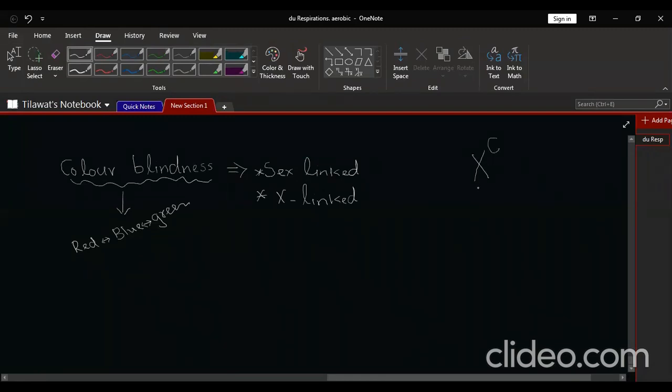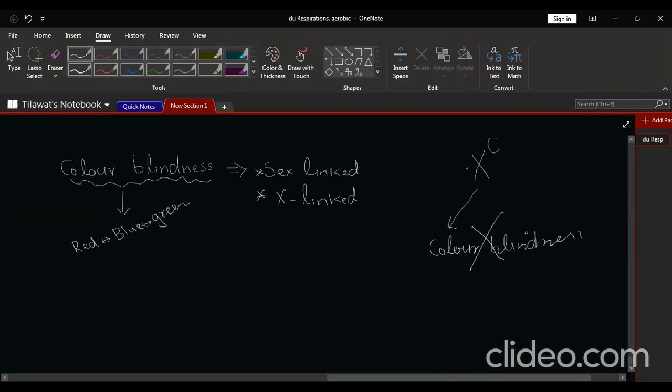If this dominant gene is expressing normally, a person will be normal and has no problem in color differentiation.